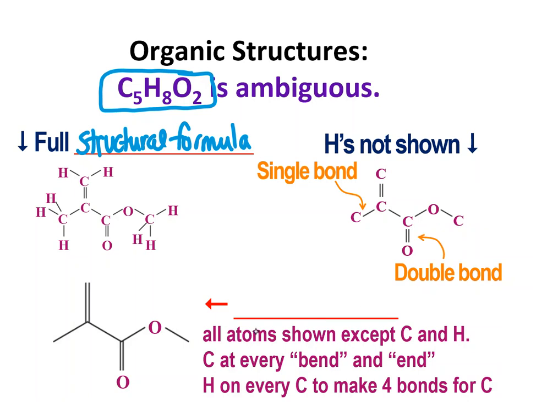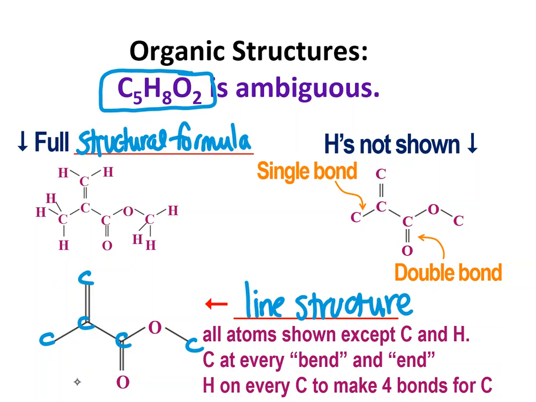And then sometimes we draw the structures like this. This is a line structure. It's a real shortcut, and it's understood that there are carbons at every bend and every end. So that's another way to show it.